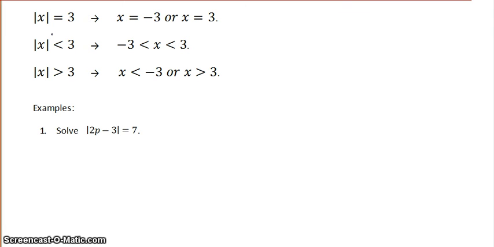So I'm going to rewrite it without the absolute values, using this pattern. So I have 2p minus 3 equals a negative 7. I took my inside, my x, and it equals my negative number. Or I have 2p minus 3 equals a positive 7.